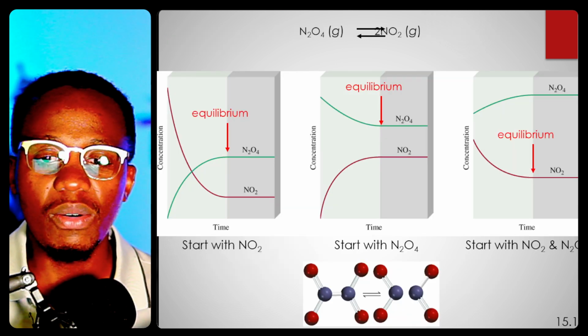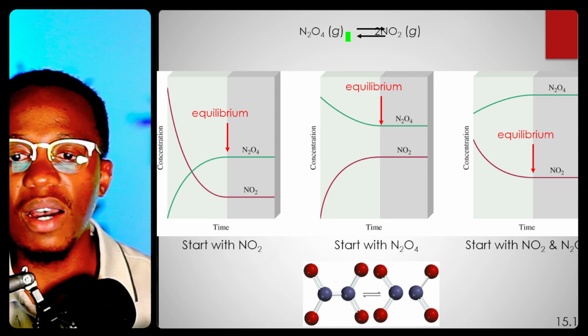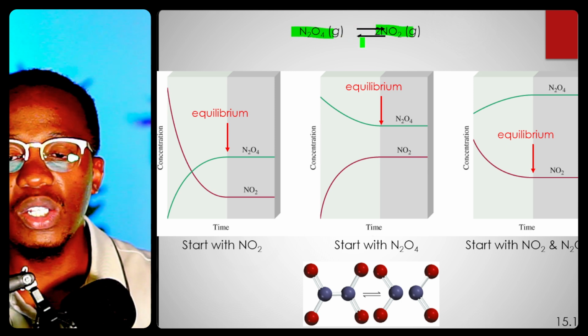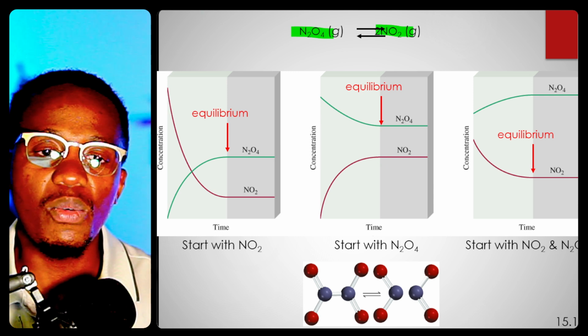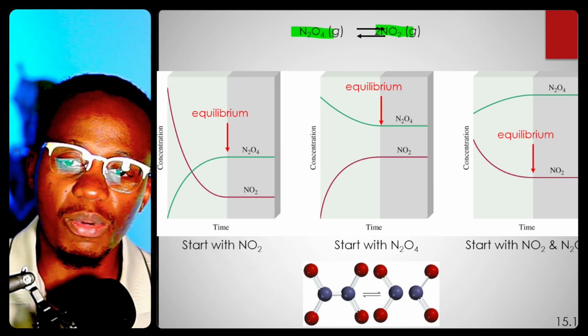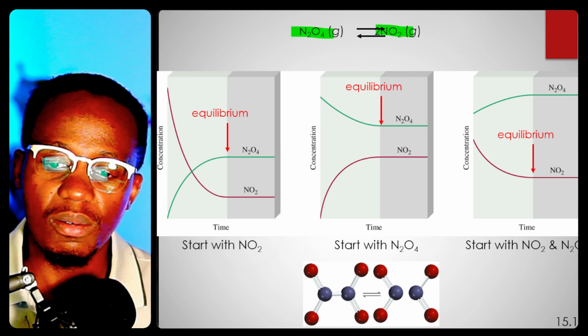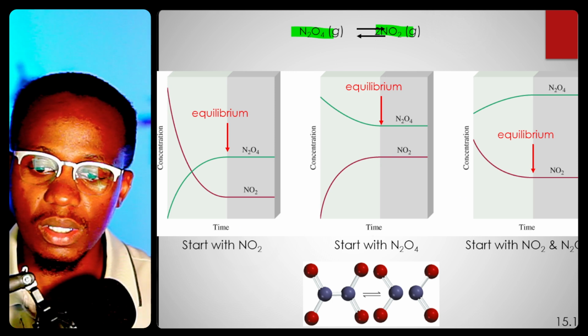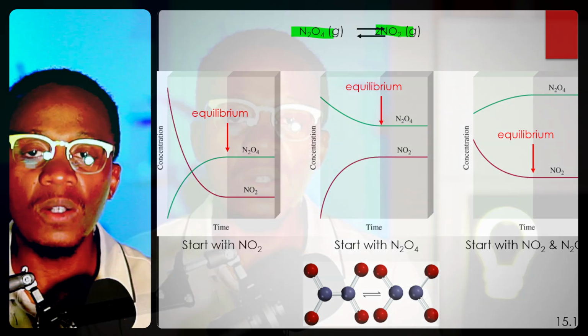This is kind of how it looks, right? So if we have N2O2 giving us NO2, the two arrows is how we show reversible reactions, right? By the way, let me make this point, and this is an important point: not all reversible reactions are at equilibrium.